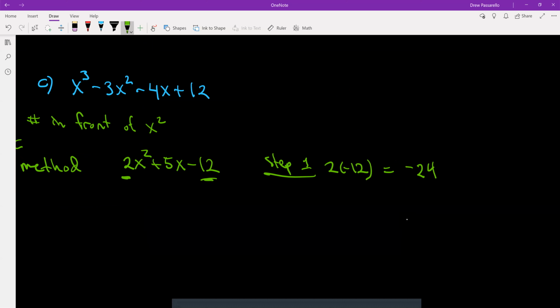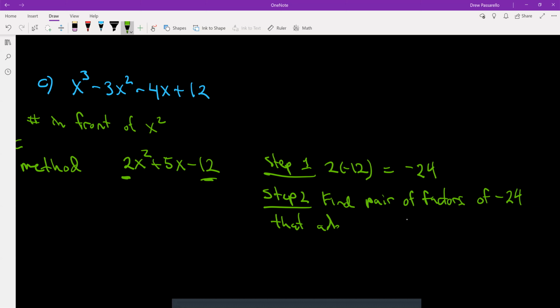Step 2 is to find pair factors of negative 24 that add together to give you the middle coefficient 5.